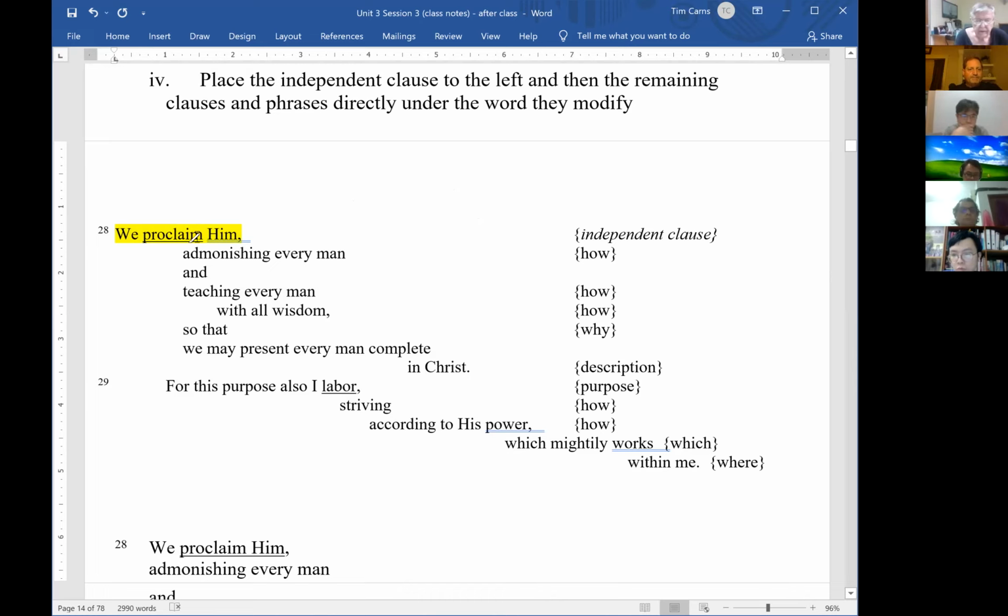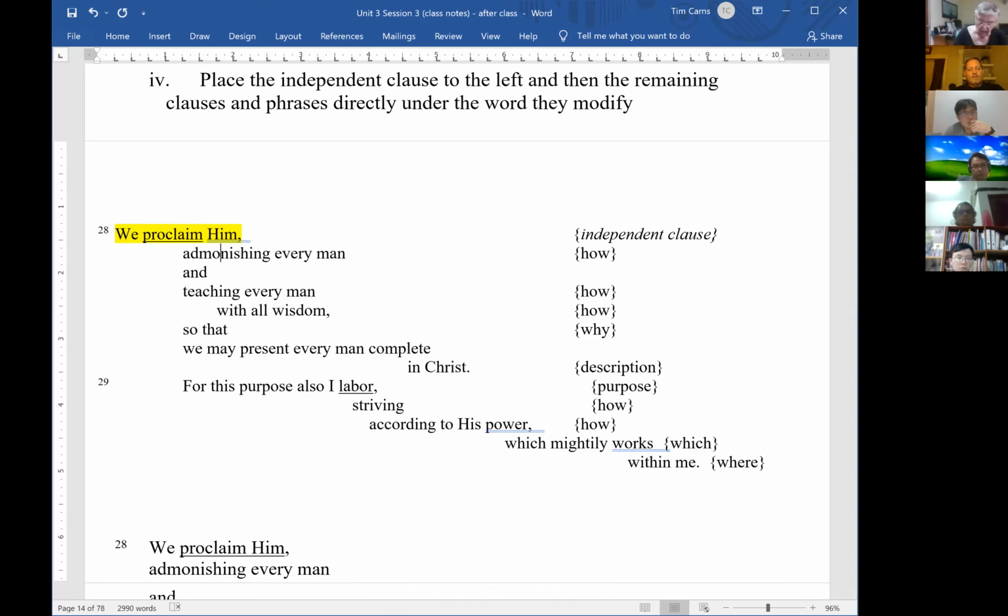And then from that, there are several words which should line up here, which modify that action, which modify proclaim. We have how we proclaim, admonishing and teaching every man, and then why we proclaim, so that we may present every man, and then the purpose. For this purpose I labored. What purpose? To proclaim him. Okay?